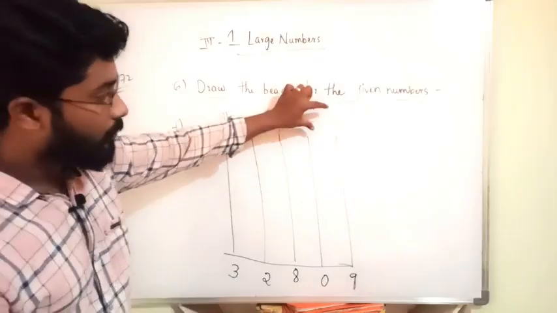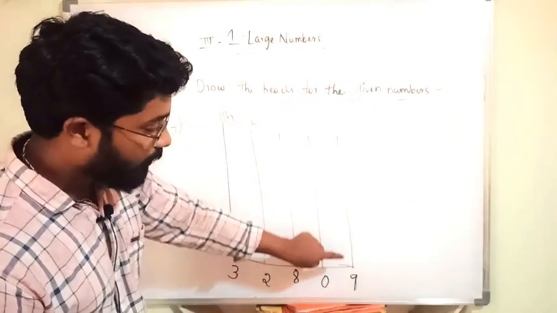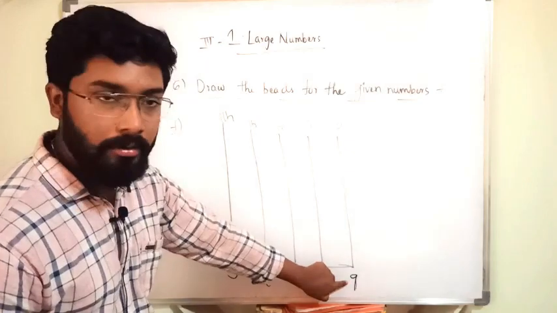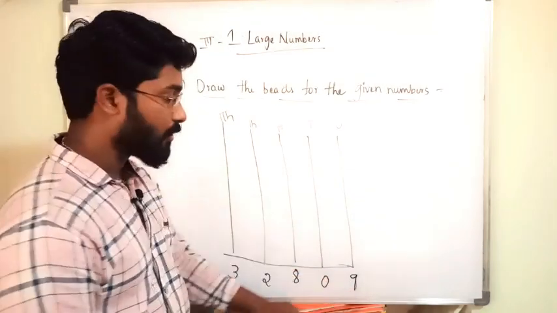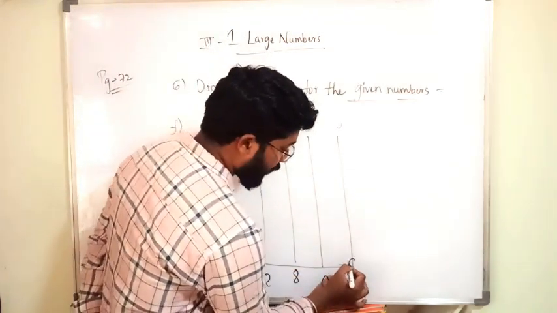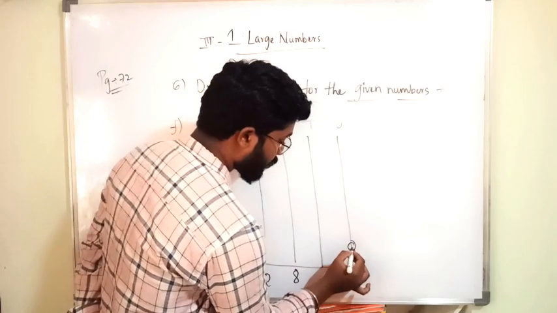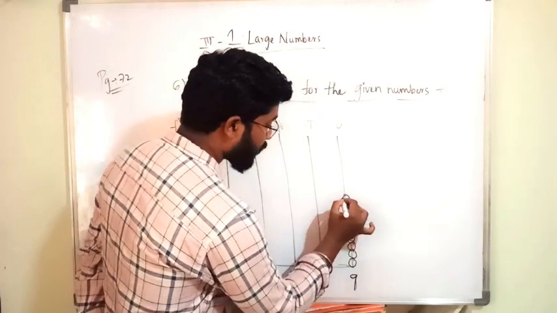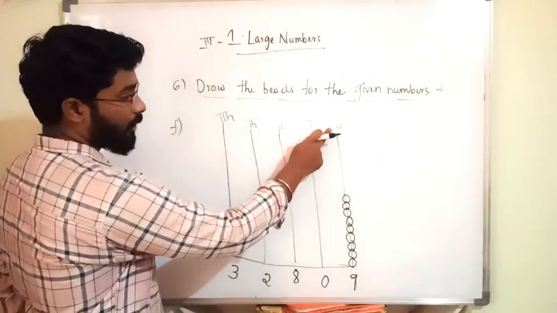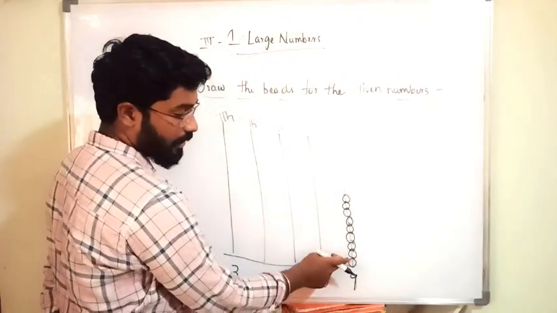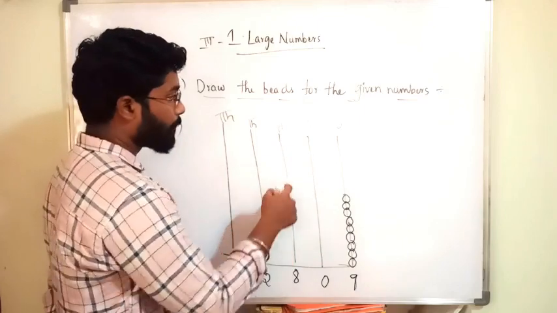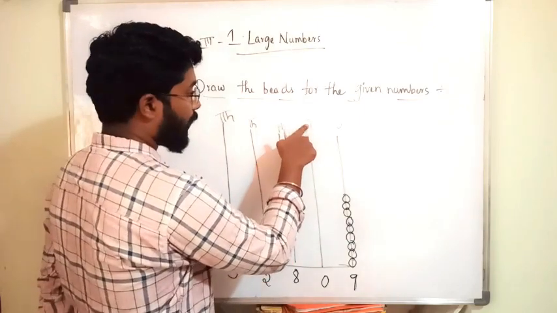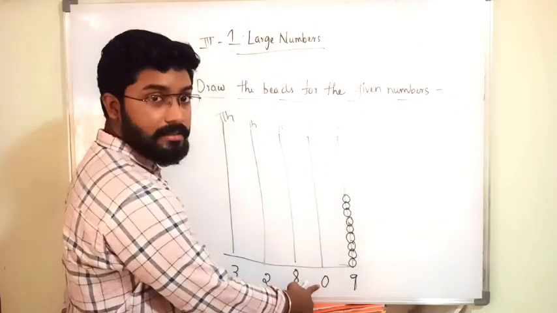So in 1's rod, which number is there? 9, no? So you have to draw 9 beads in 1's rod. 1, 2, 3, 4, 5, 6, 7, 8, 9. Next one, under 10's rod, which number is there? 0.